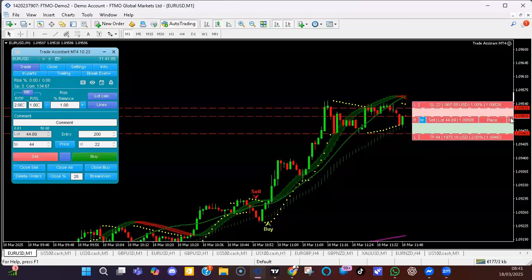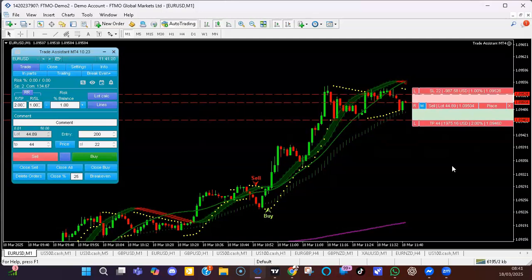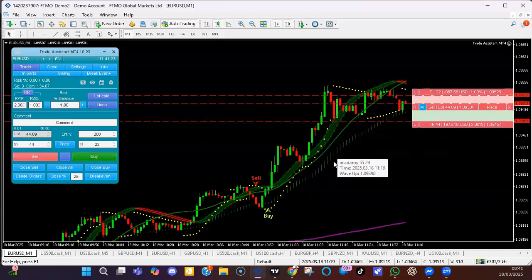And we're not very far away from that psychological area, only a couple of pips either side, so they could be waiting for the German news at 10 o'clock, whether it's going to be good or bad news for the euro, and act accordingly after that. So this could be going on for a while yet, you never know.